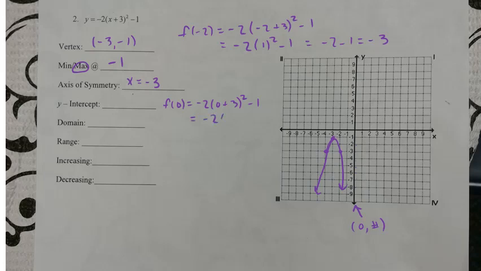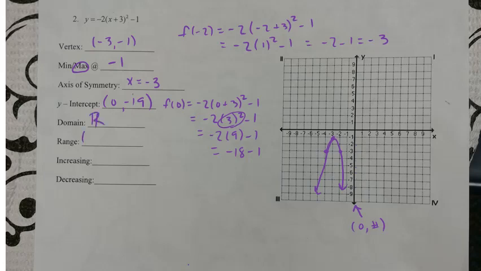So I would have negative 2 times 3 squared minus 9. Remember, order of operations says we need to multiply 3 squared first, so that would be negative 2 times 9. Minus 1 would be negative 18 minus 1. The y-intercept would be the point 0, negative 19. Sorry about that. The domain will be all real numbers.